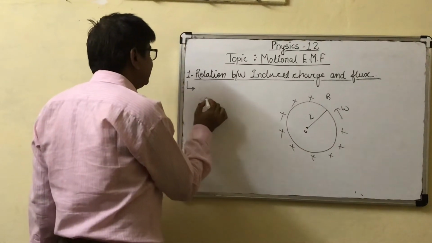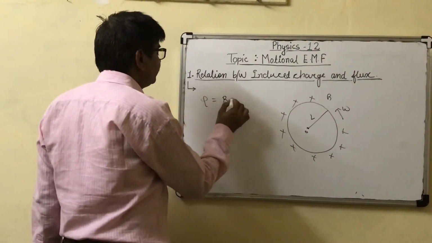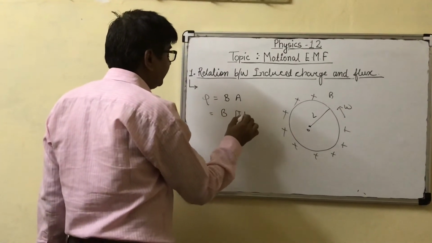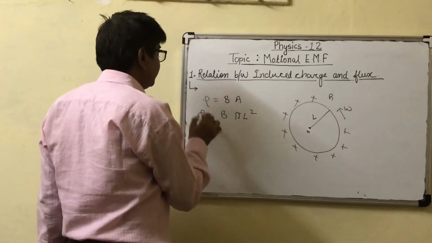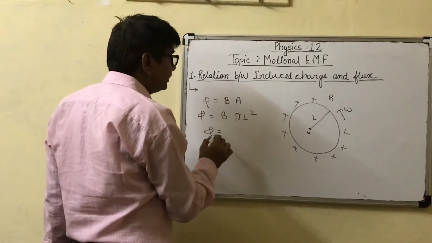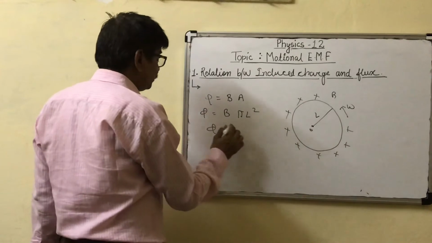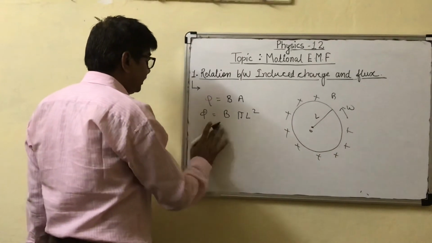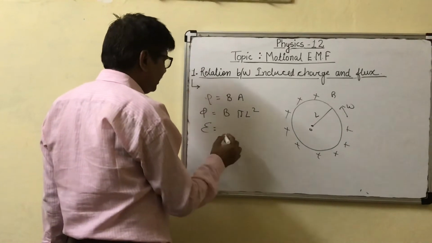So the flux is changed. Phi is equal to B A, where A means area. So what is the flux change? E is equal to d phi by dt according to Faraday law.